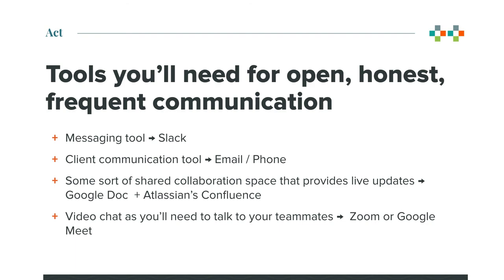You'll need some sort of shared collaboration space where you can provide live updates. Again, at Palantir, we use Google Docs and Atlassian's Confluence. And then finally, you're going to need a video chat. You'll need to talk to your teammates, to share your screen, to troubleshoot. And Zoom or Google Meet are great tools for doing so.